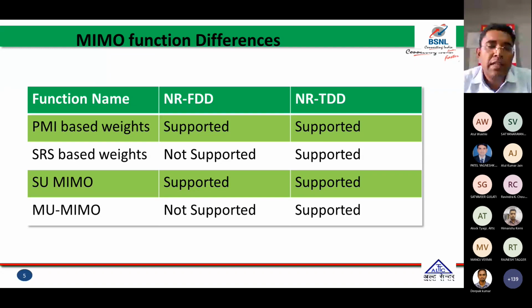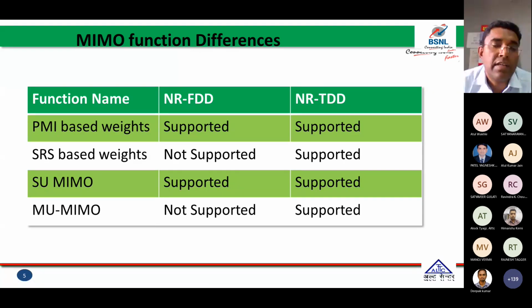Four functions are written here: PMI based weights. PMI means precoding matrix indication based. Actually, there are two main reference signals, the CSI-RS and the sounding reference signals. CSI-RS is used in the downlink direction for estimating the channels, right?